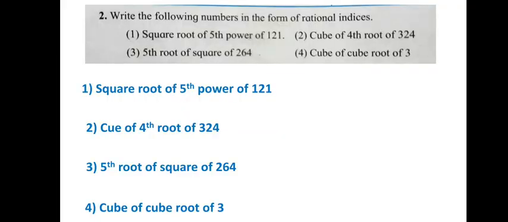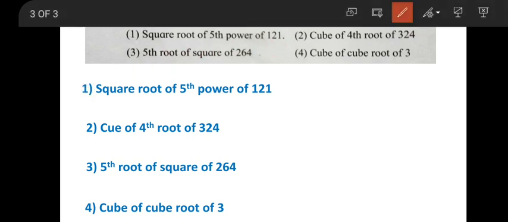Now we'll move towards the second question. It has been made easy for you. Write the following numbers in the form of rational indices. Square root of fifth power of 121. I have written the questions here, so we can solve it easily. Square root, here the root is given first, of fifth power of 121.